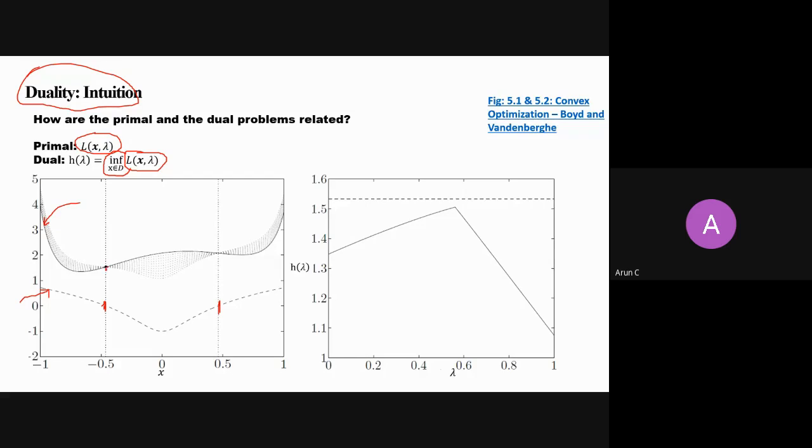It means your minimum should come here, because the constraints are active from here to here, and therefore you need to see your function within these constraints, and the minimum is here, somewhere at the boundary, because my constraints are active here. This was the primal situation, when I am seeing them separately, where my constraints are active and I need to see only my function there, and then I will be minimizing it.